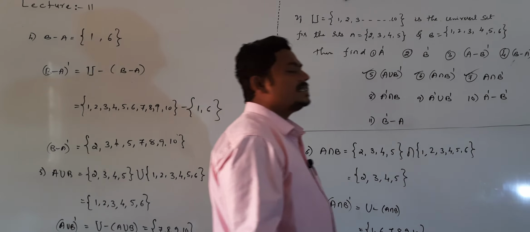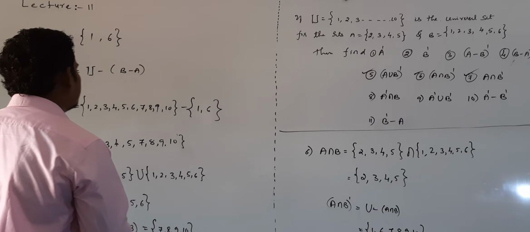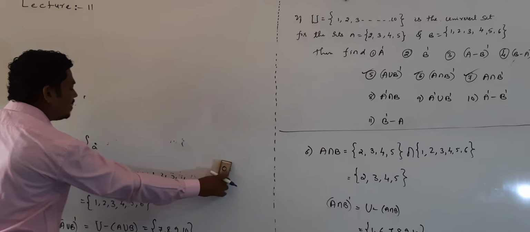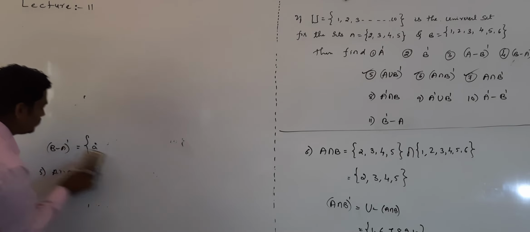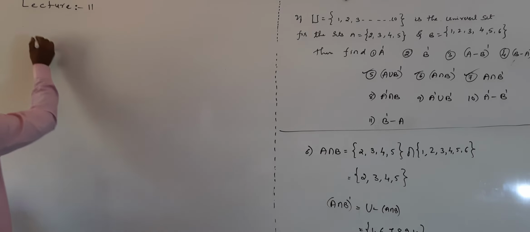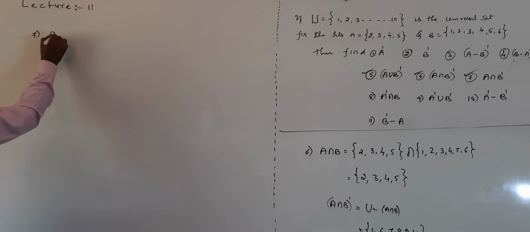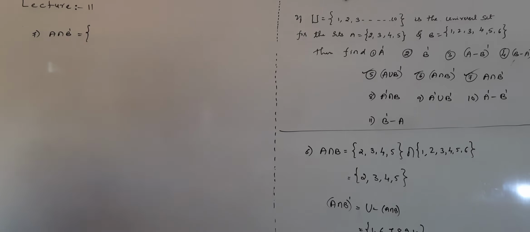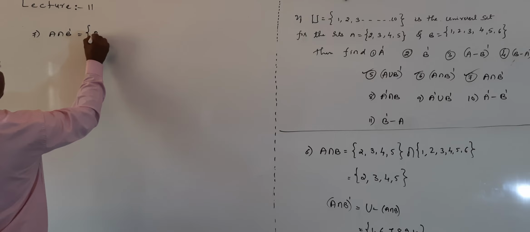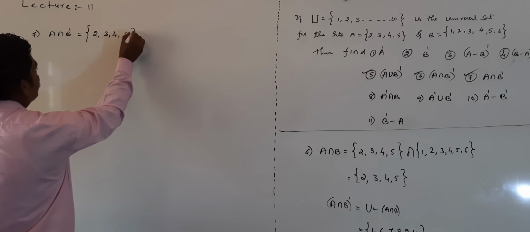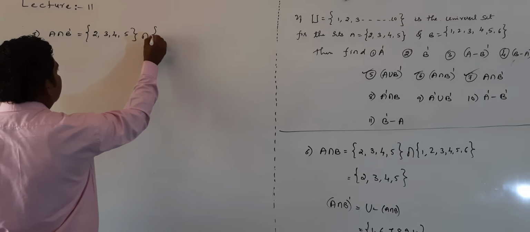A intersection B complement, 7th one, A intersection B complement. That's equal to, replace set A, that is 2, 3, 4, 5, intersection.